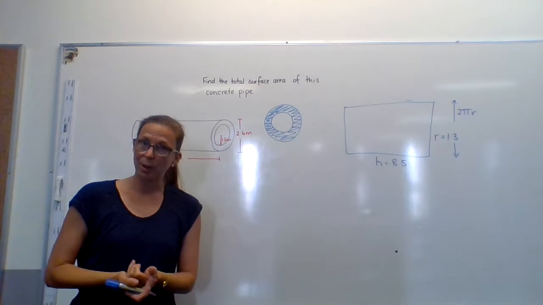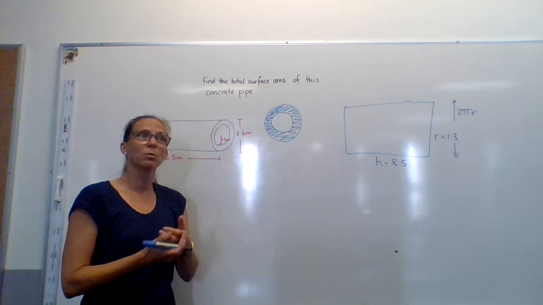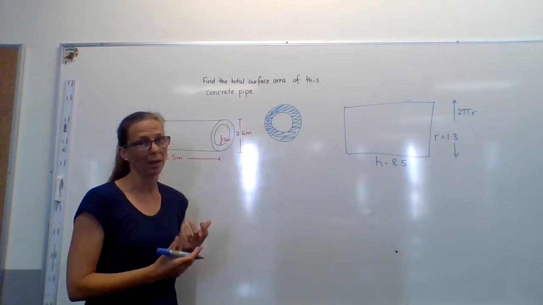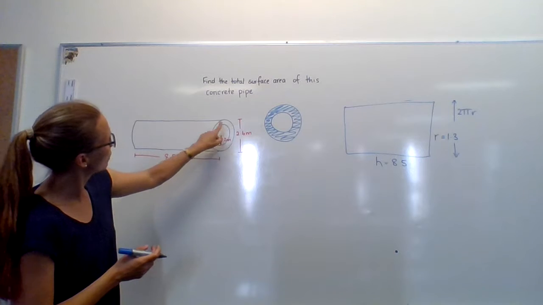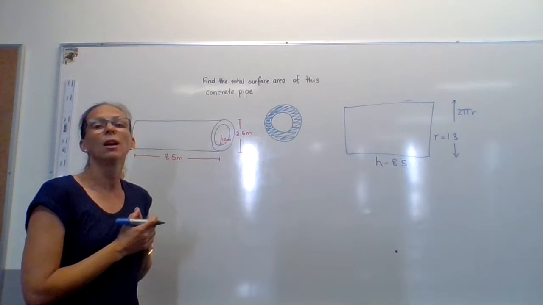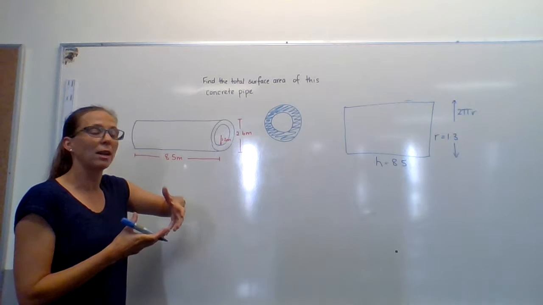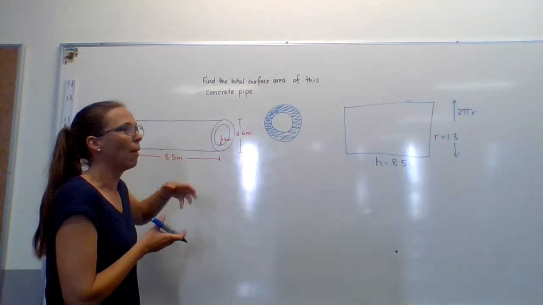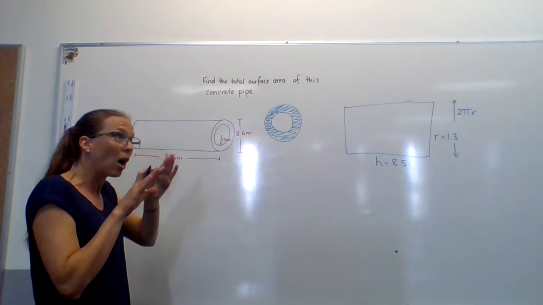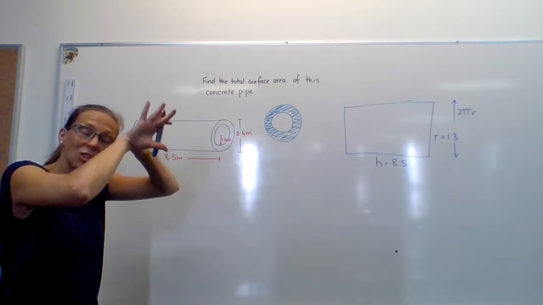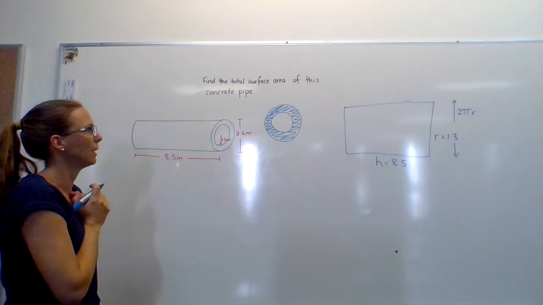But there's one more face we have to think about. Because we're talking about surface area, we're talking about all the areas we could touch, I guess. So there's another surface, and it's the inside part of the cylinder. If I was to get inside the tube and touch all of it, it's just like another curved surface of a cylinder.